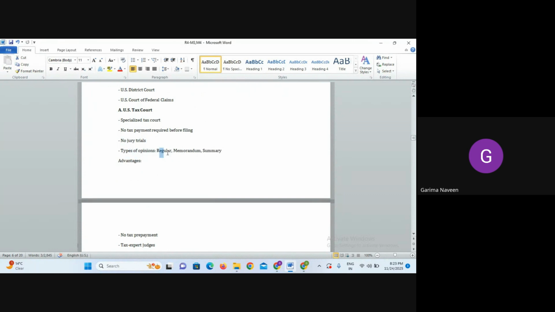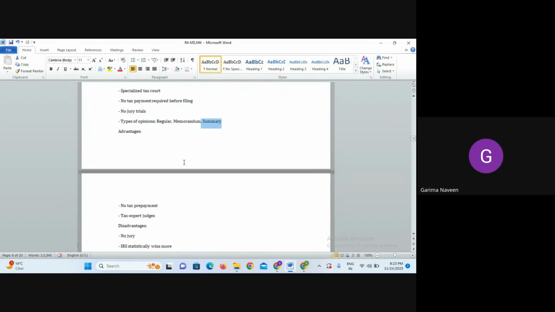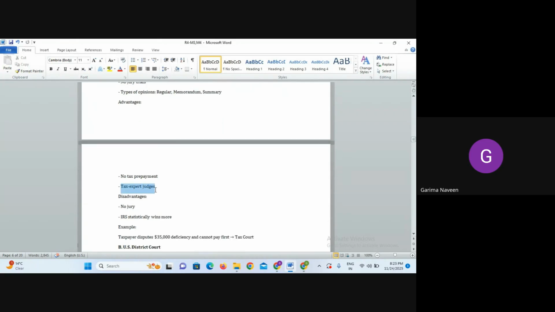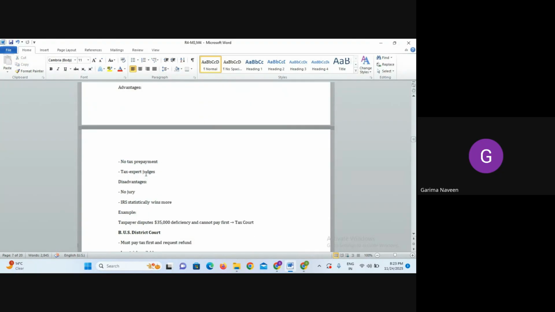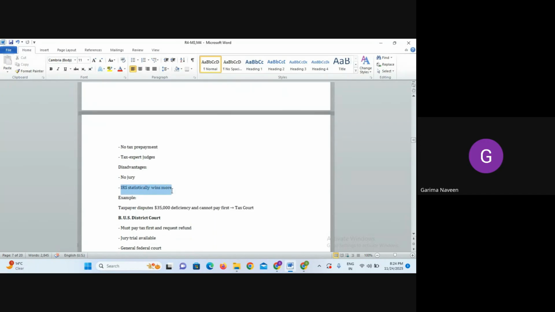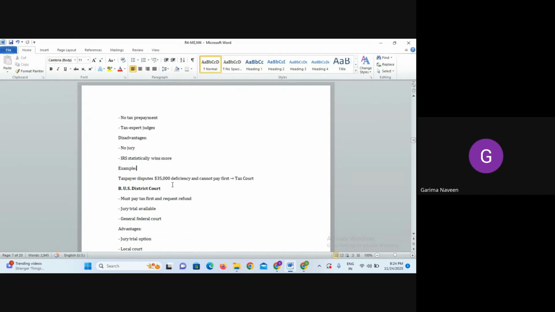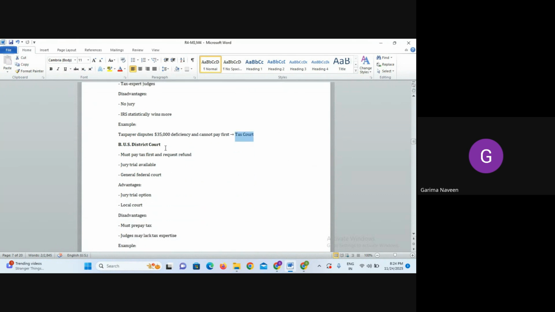Types of opinion can be regular, memorandum, or summary. The basic advantage is that all the judges are tax expert judges, and there is no tax prepayment. The disadvantage is that you can't go for a jury trial here, and the IRS satisfactorily wins more. So for example, if a taxpayer's dispute has $35,000 of deficiency and they cannot pay first, they go to the US tax court.